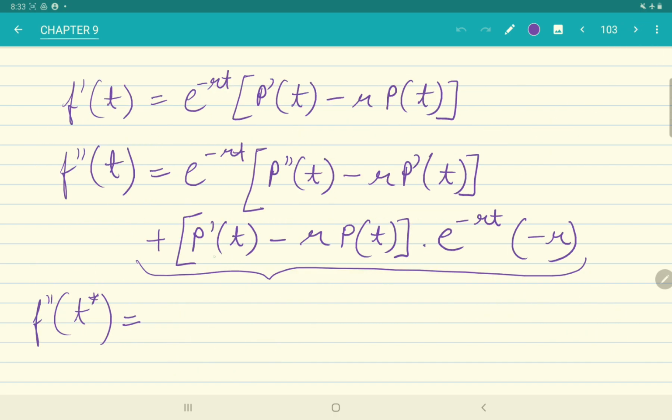So this expression boils down to 0. So f double prime t star would be this.